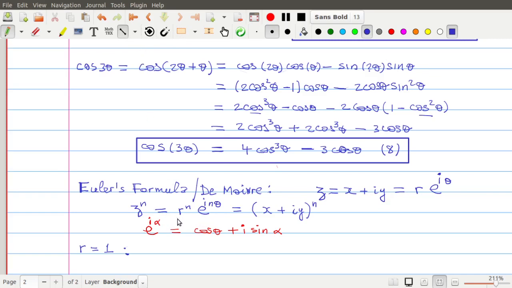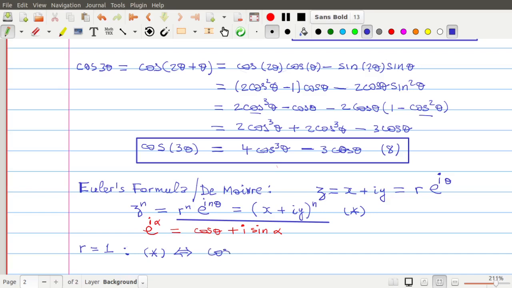this, which I can denote, let's call that star. So star will be equivalent to, r equal to 1, so we write this, so it will be equivalent to what? exponential i n theta.